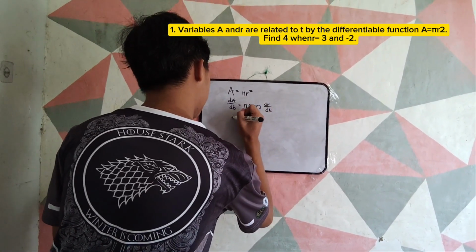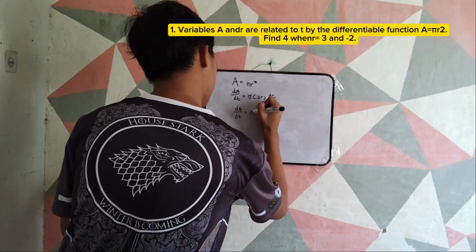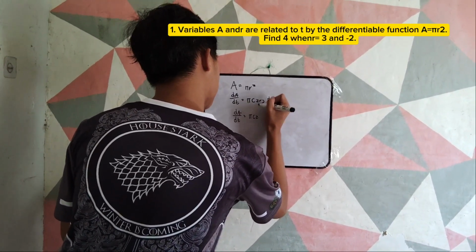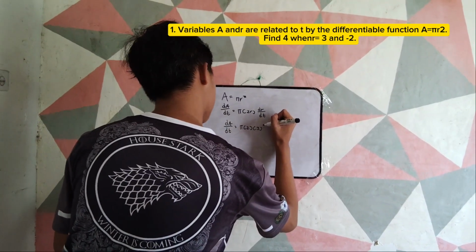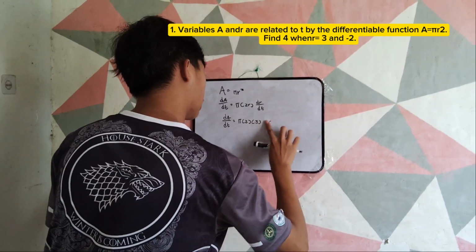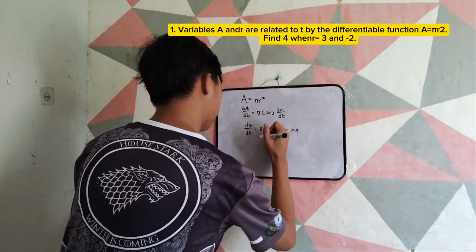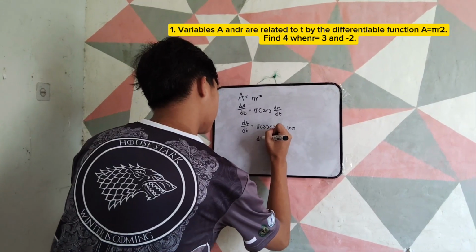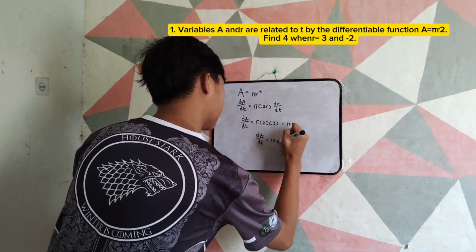Next, dA over dt is equal to pi times 2, and the radius is equal to 3, dr over dt, or is equal to 12 pi. So therefore dA over dt is equal to 12 pi.